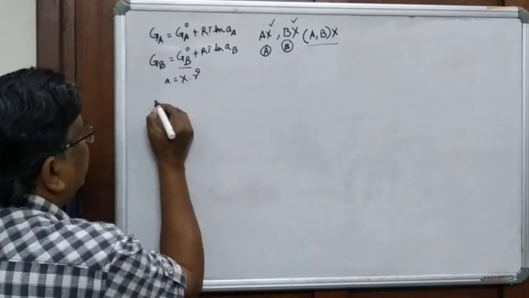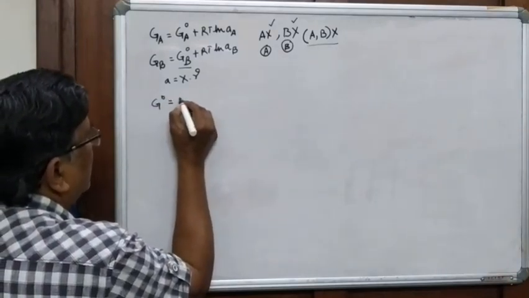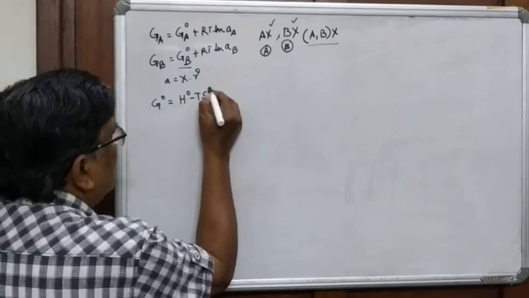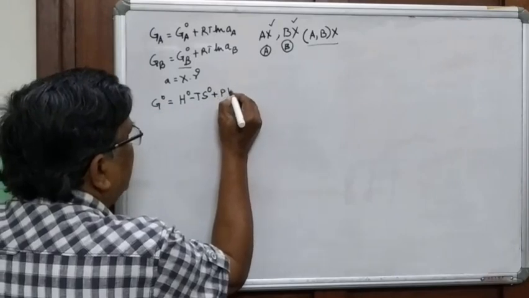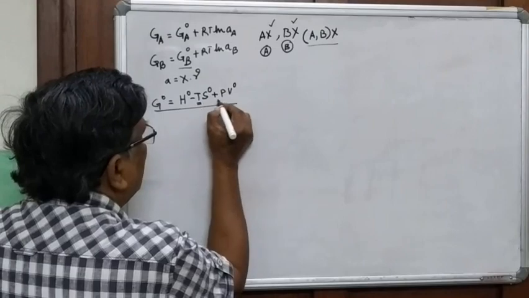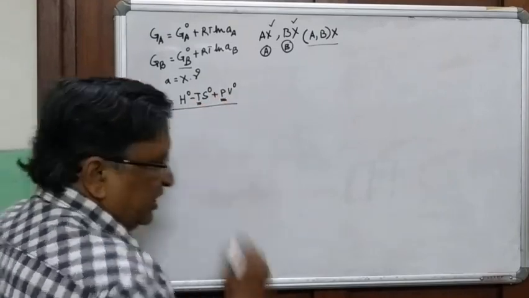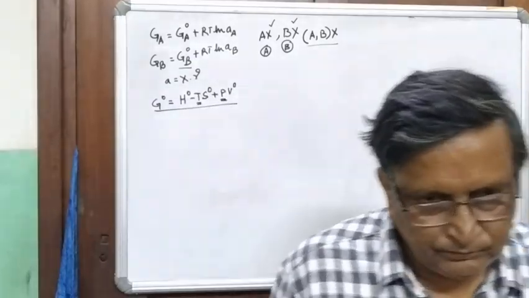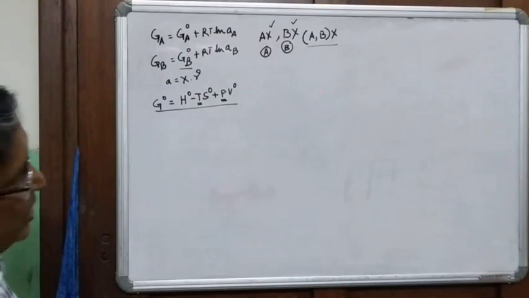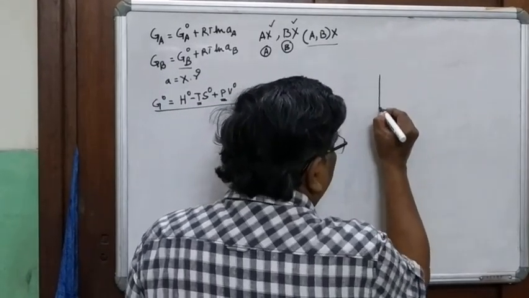Because as per our definition, G0 is equal to H0 minus TS0 plus P into V0. That's our expression. So if we know temperature and if we know pressure, then the whole term essentially is a constant. Similarly for GB0.